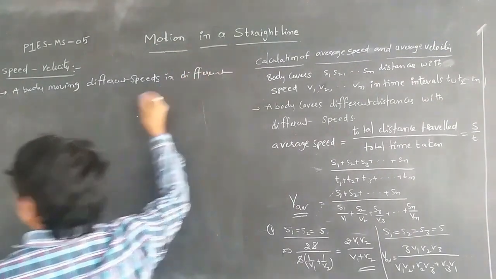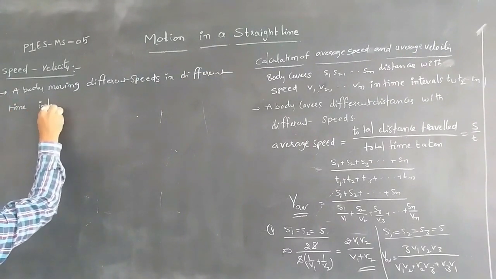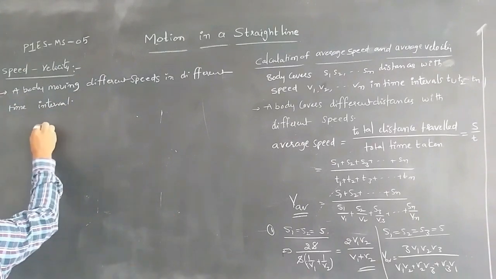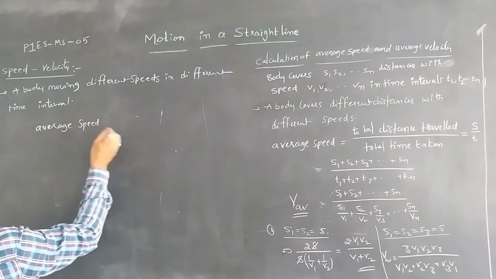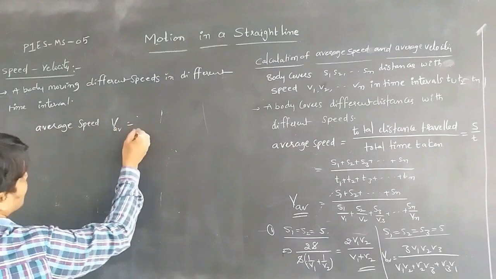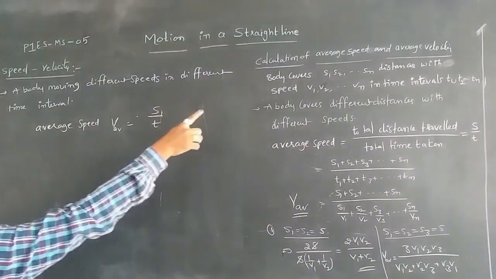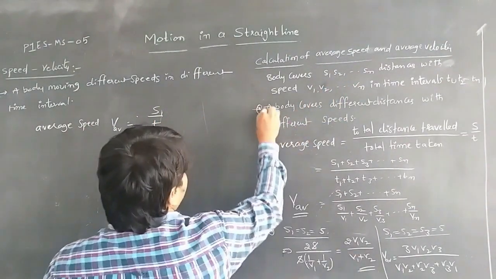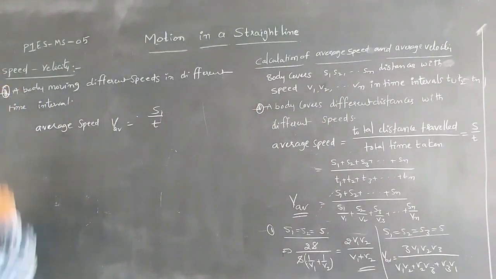We already know that the average speed V average is equal to S by T. From that relation, a body covers S1, S2, up to Sn, as in this equation. This is the one case, and this is the second case.